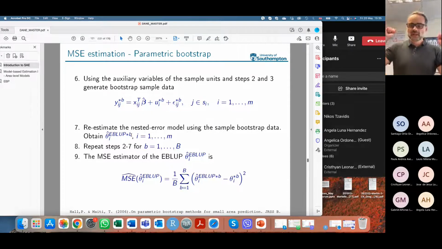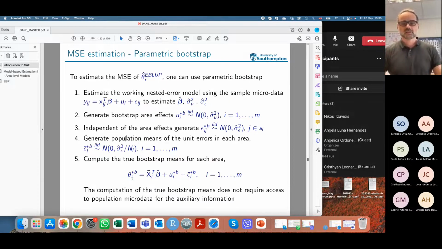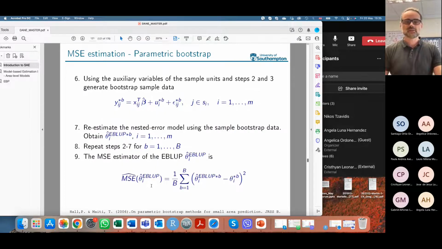So in one iteration of the bootstrap, you get two things. Under step 5, you get theta_i star b, and under steps 6 and 7, you get theta hat EBLUP star b. Then you repeat that a large number of times, say 500 times, 1,000 times, whatever.